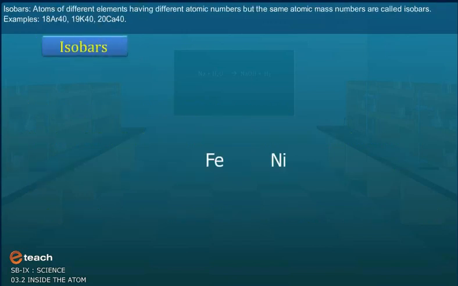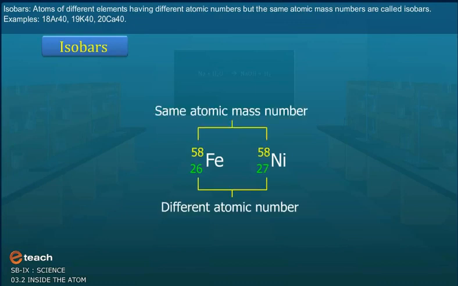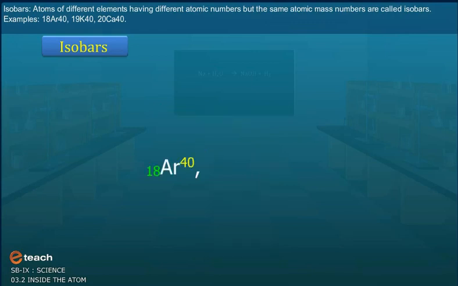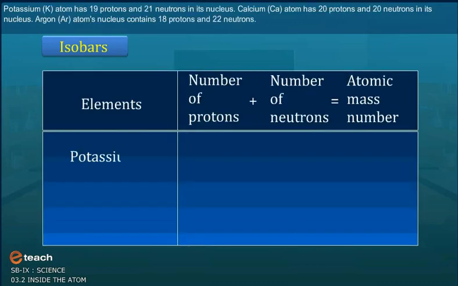Isobars. Atoms of different elements having different atomic numbers but the same atomic mass numbers are called isobars. For example, 18Ar40, 19K40, 20Ca40.